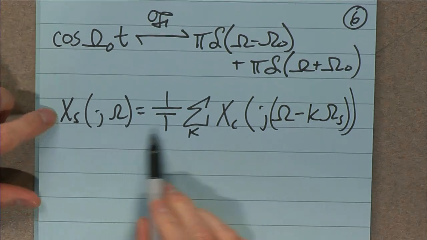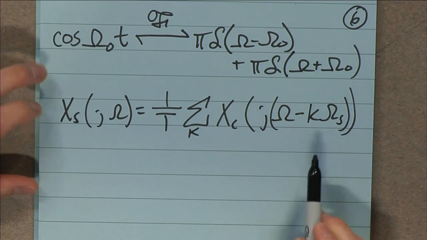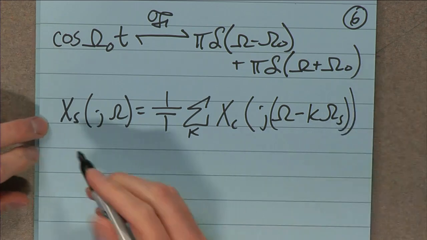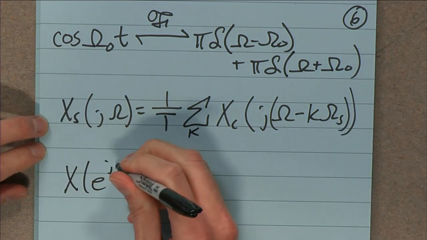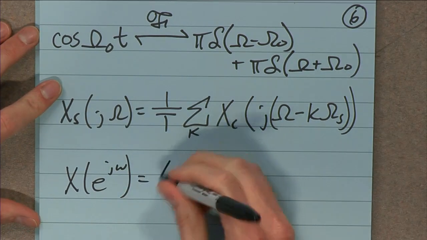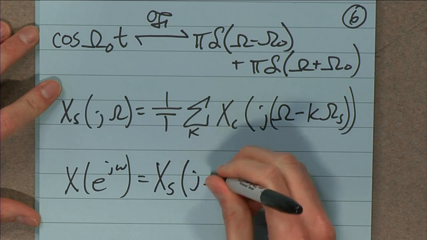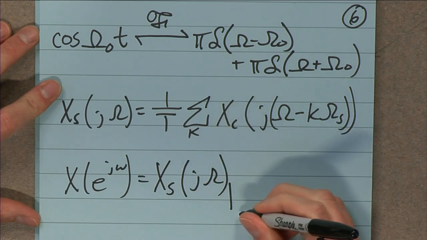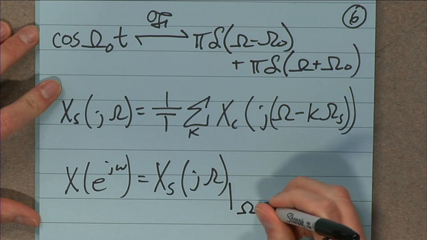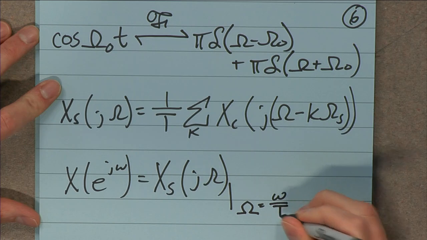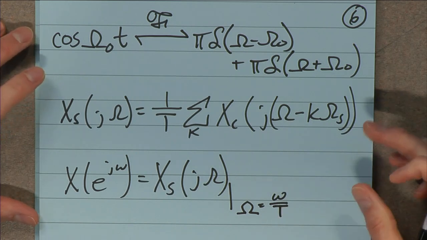We're going to apply this to get all the shifted versions, and then to get X_d(e^j omega), which is what we're after, we're going to take X_s(j omega) and rescale it, evaluating it where capital omega is that, and that will basically scale it.